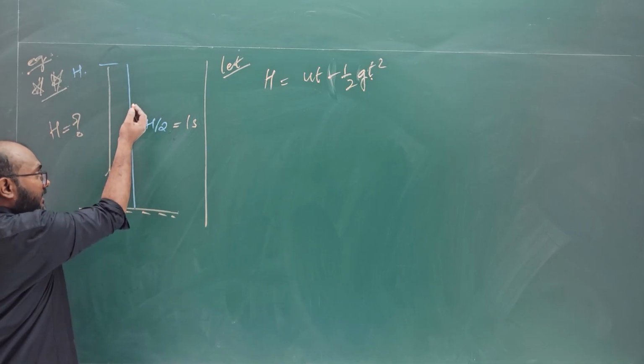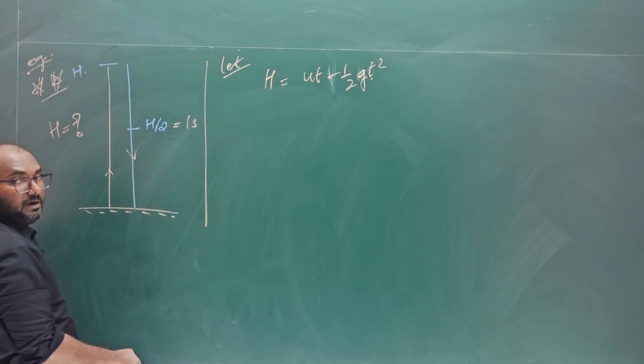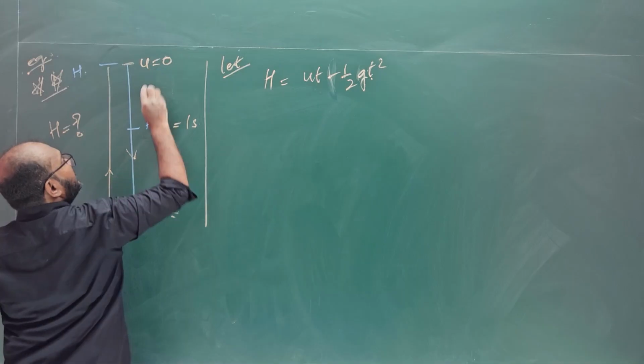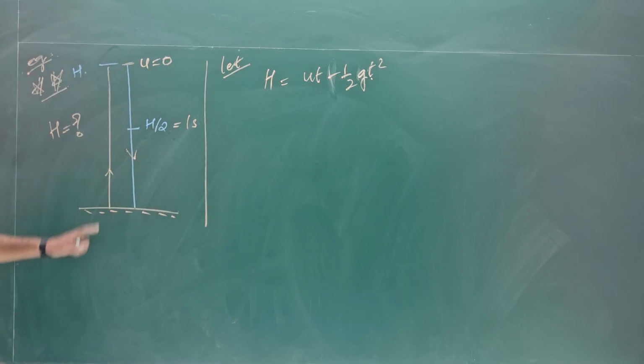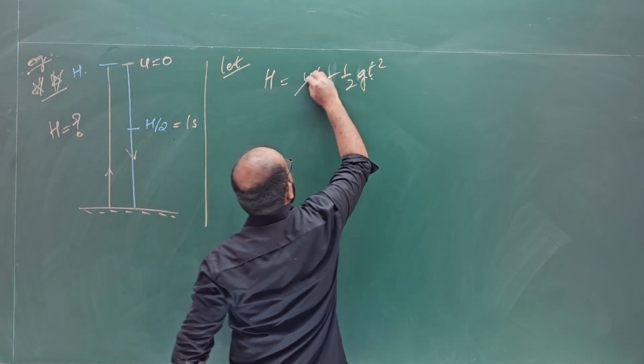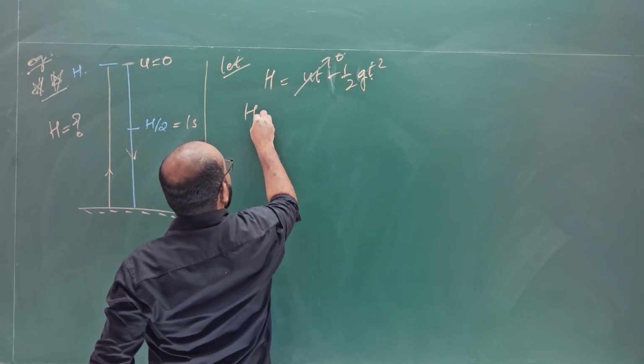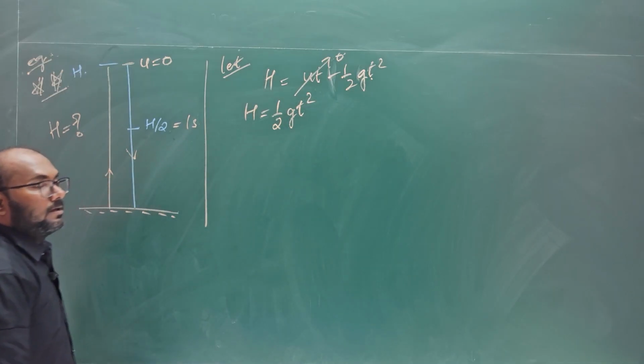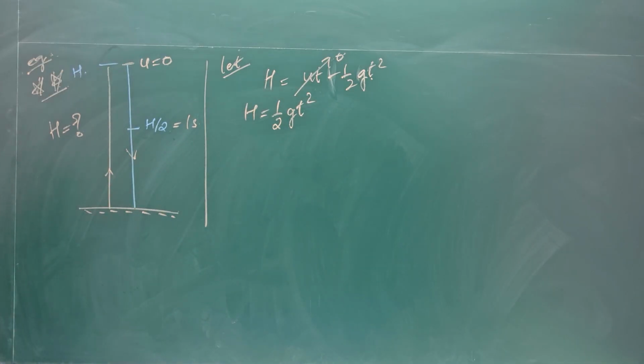Last half second means definitely the body is returning back to the ground now. So can I say that at this point your initial velocity is 0? While returning, the initial velocity becomes 0 at h max. So can I cancel this? So h is nothing but half gt square. Okay.